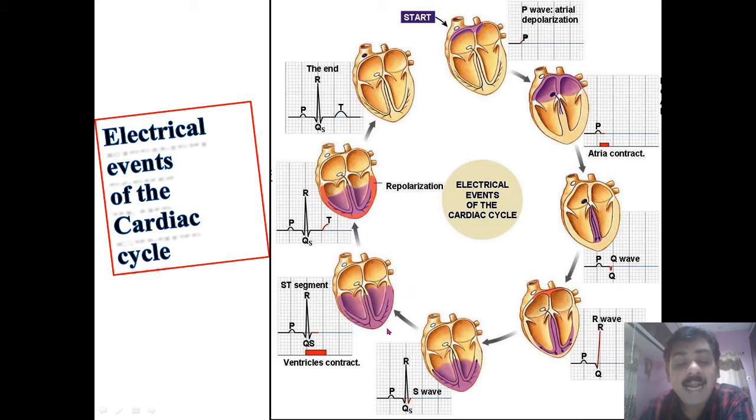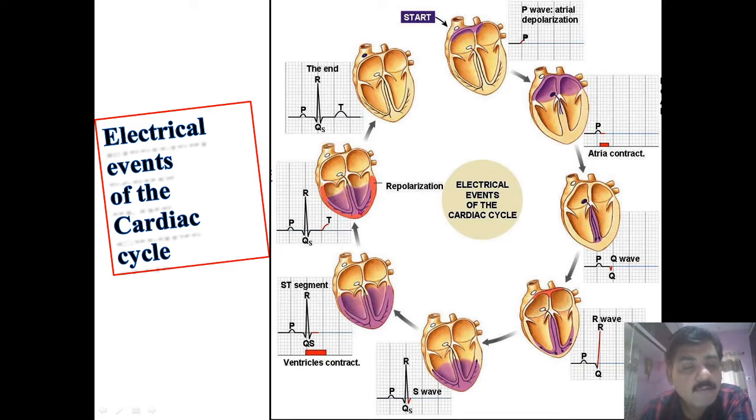And this entire depolarization of the ventricle is indicated by the QRS complex. Means the QRS complex indicates the ventricular contraction. After ventricular contraction, the next thing is relaxation of the ventricle.